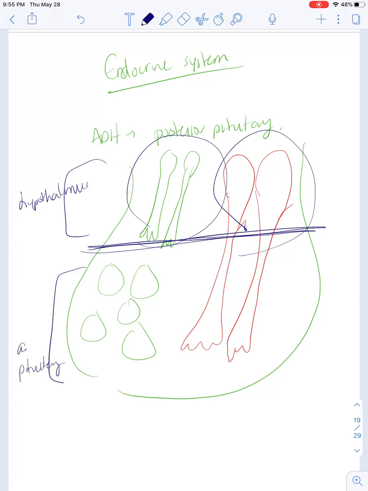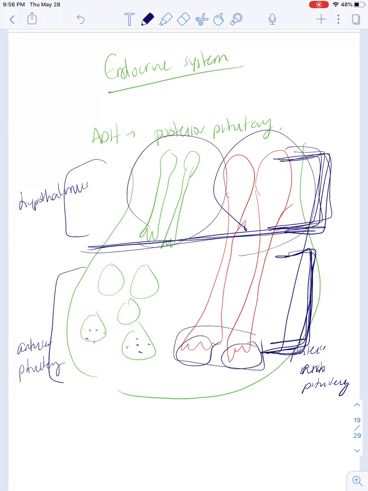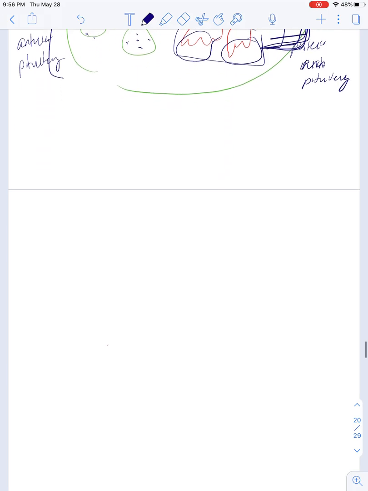This anterior pituitary contains these endocrine cells, and the posterior pituitary contains the axons and the axon terminals of these neurons. The posterior pituitary contains the cell bodies of the neuron, and then the axon and the synaptic knob are part of the posterior pituitary.